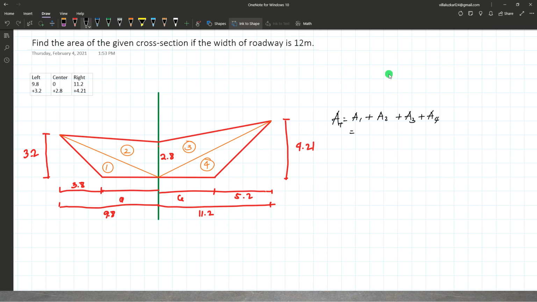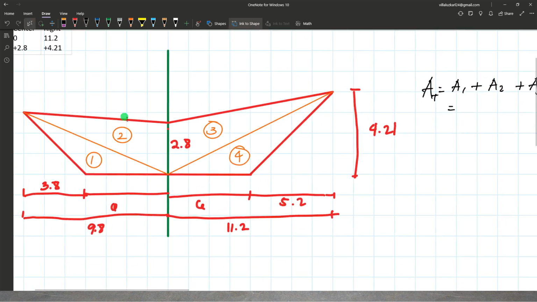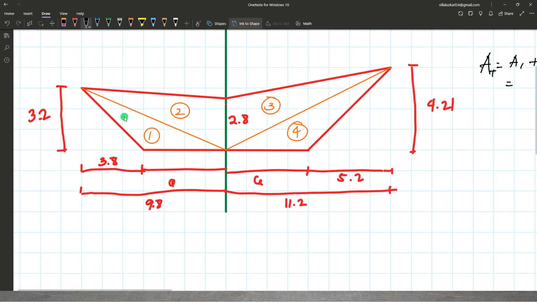For area 1, we apply the area of a triangle, which is 1/2 base times height. So here for the total area, 1/2. For area 1, the one that will serve as base here is this one, 6.